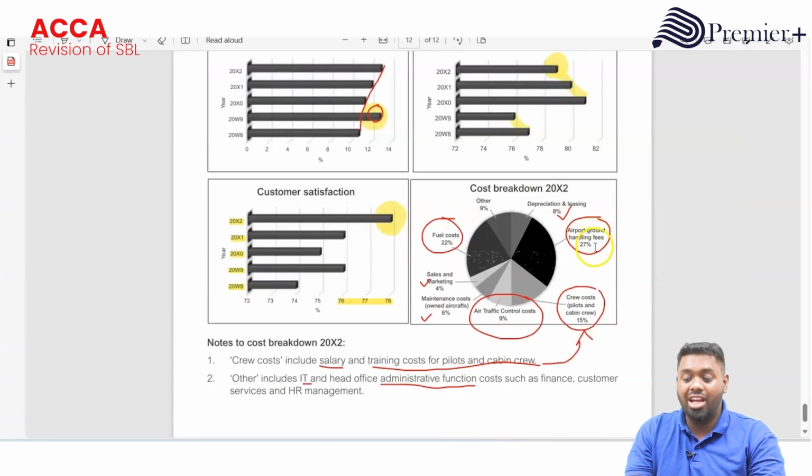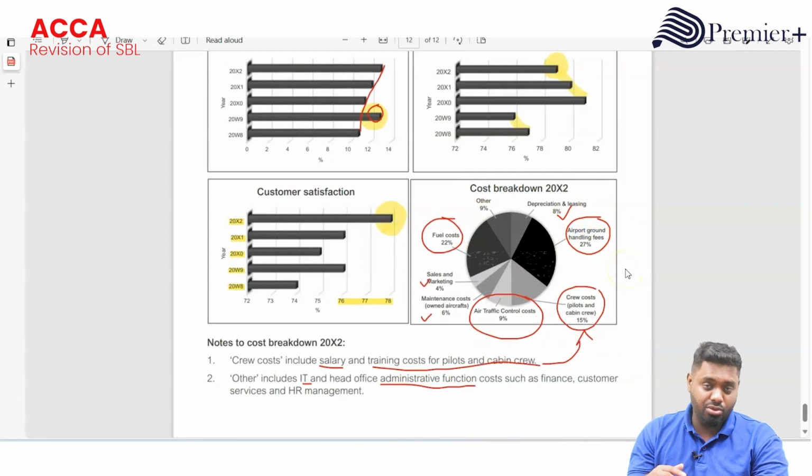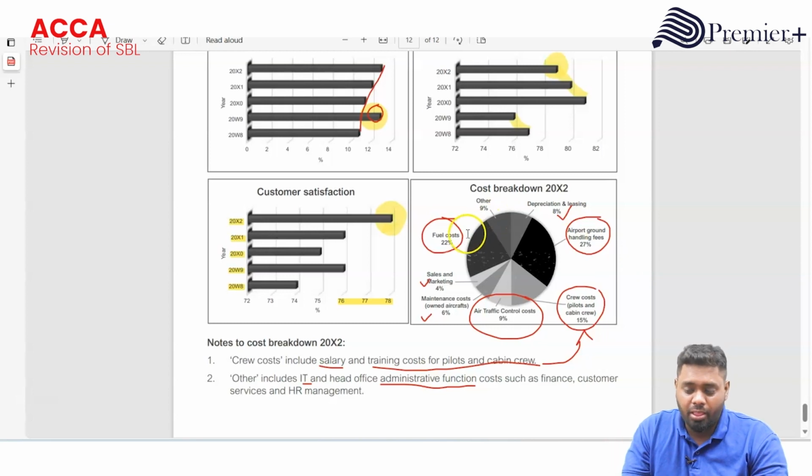So airport ground handling fees are 27% due to this additional strategic partnership we are in for them to give additional effort for our airlines. Fuel costs 22%, crew costs 15%, air traffic control costs 9%. These four can be taken when analyzing the cost breakdown as direct costs.